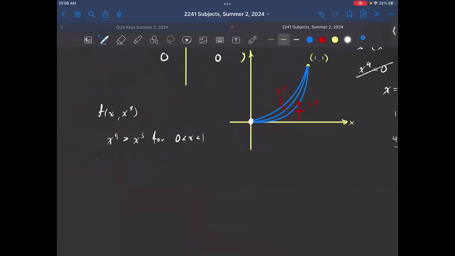And so now this path gets in between the x-axis and the curve x to the 4th. So now the limit as x goes to 0 of f of x, x to the 5th is equal to 1, which implies that the limit does not exist.